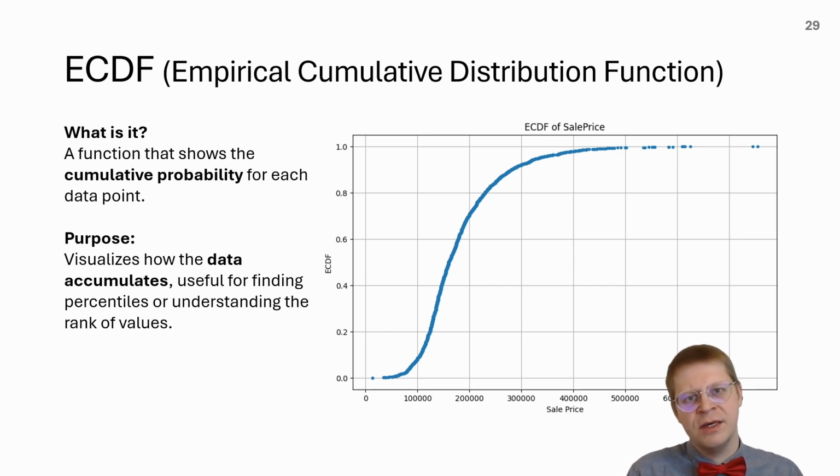With an ECDF, you can easily identify what percentage of data points fall below a certain value, and this is an important insight for many statistical analyses. Again, it's also easy to calculate and to plot.